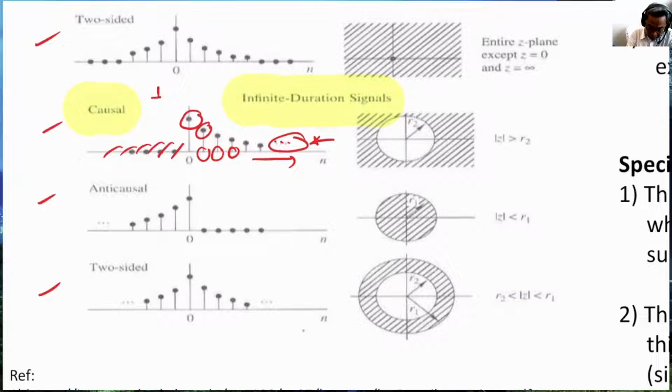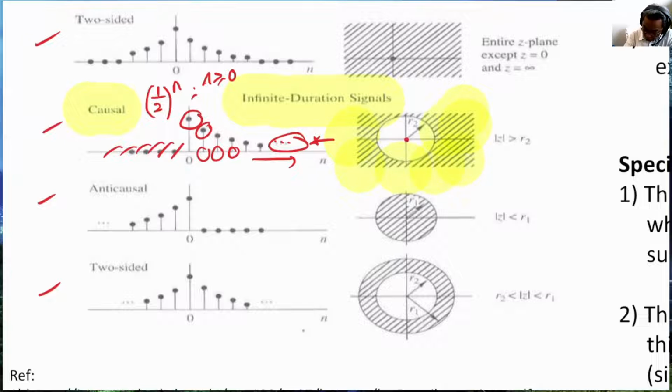The most famous example in our course, of course, is half to the power of n for n greater than or equal to 0. Therefore, even as n goes to infinity, half to the power of n is not 0. Such a sequence has a region of convergence that is outside a certain circle.